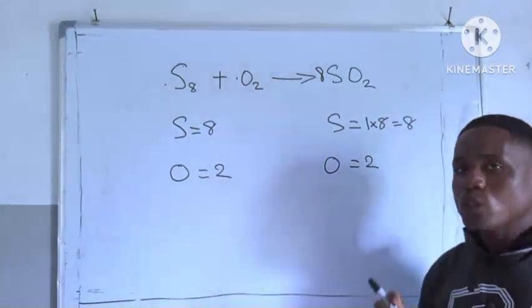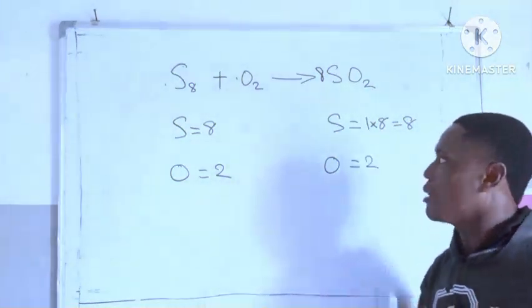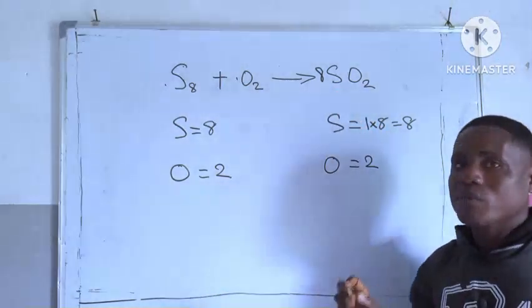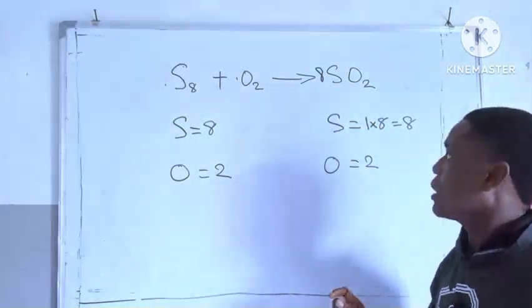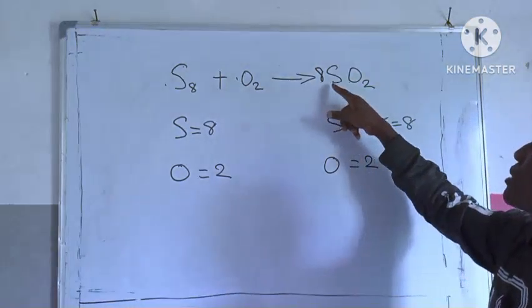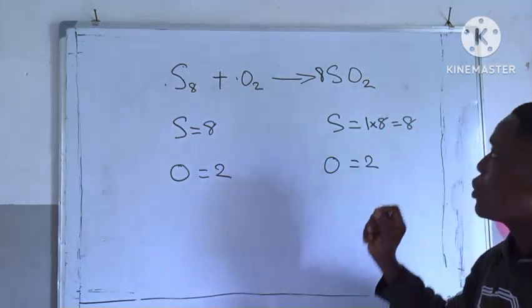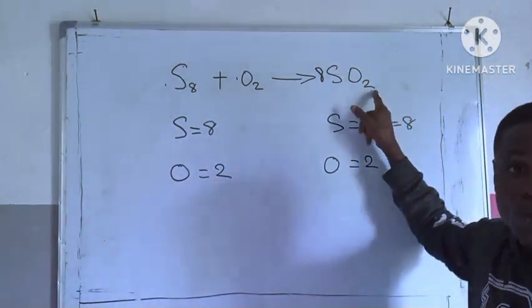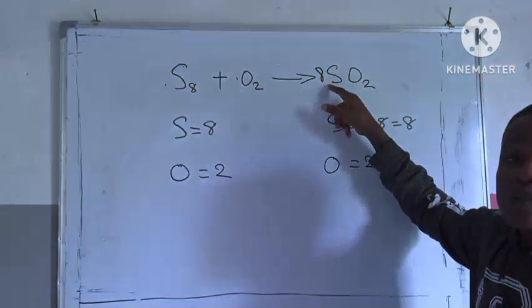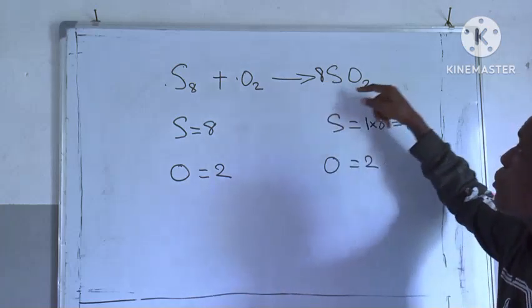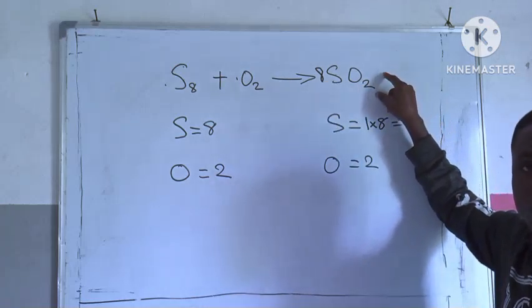But the equation is not yet balanced. Why? I said this number, which is called the coefficient, is affecting both the sulfur and the oxygen. Here we have 2 atoms of oxygen. We introduced 8, so we use this coefficient to multiply this number of atoms.